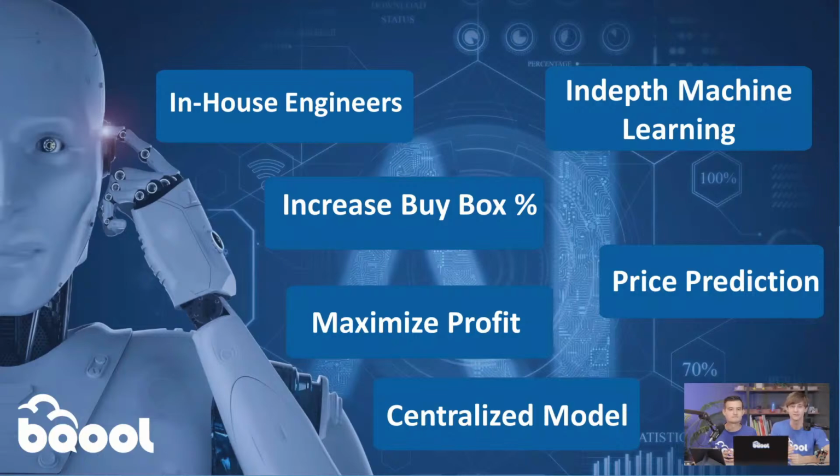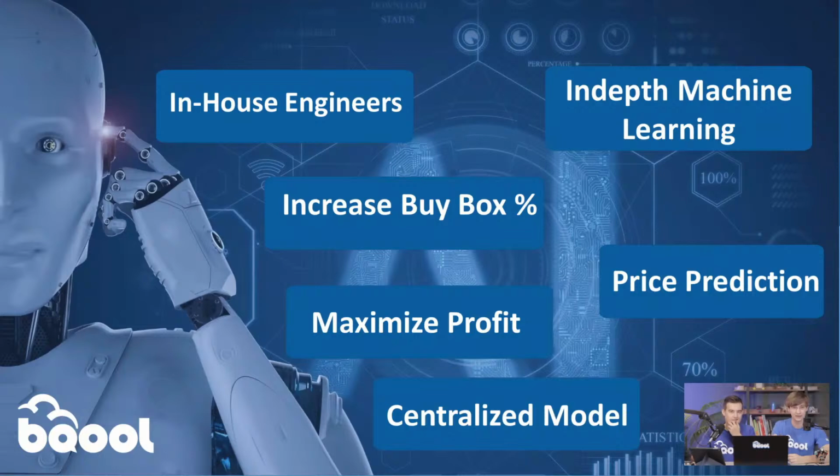Also, we have a lot of in-house engineers, compared to other repricers on the market who only outsource. They maybe have two or three people in-house and outsource most of their work, which is a disadvantage for those repricers.